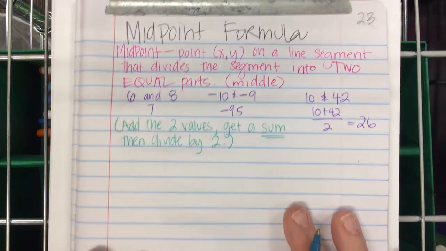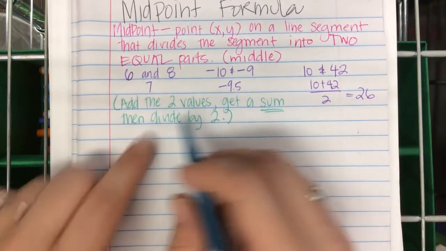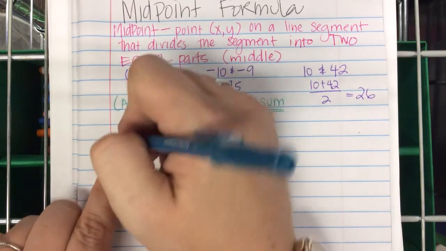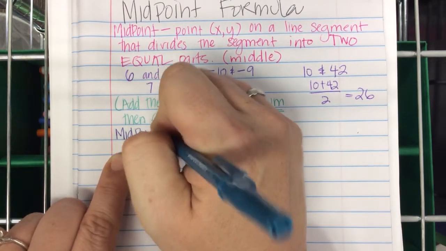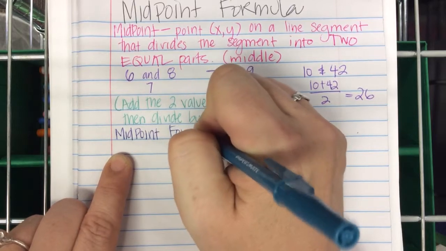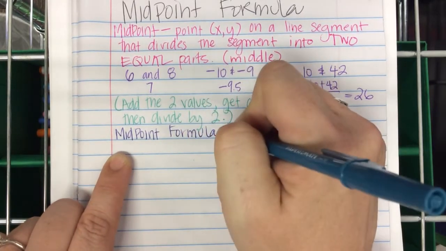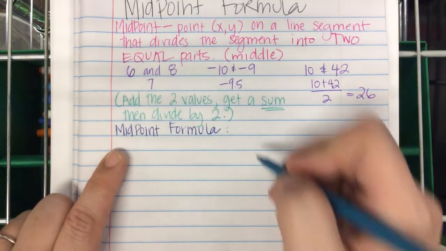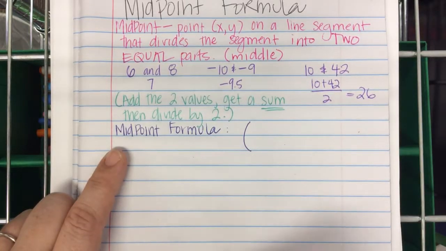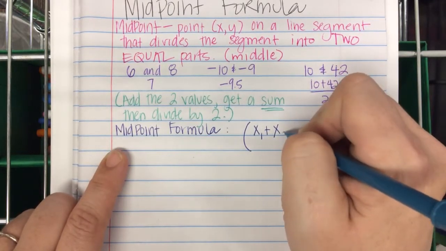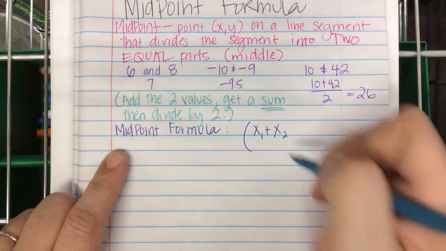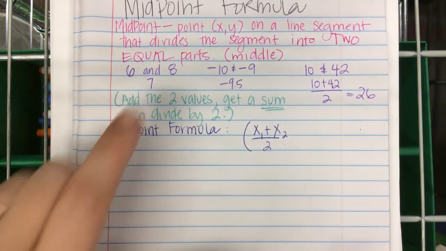Now, unfortunately, we have to have a formula. So the midpoint formula is x from the first ordered pair plus the x from the second ordered pair, divided by 2, which is the same thing.